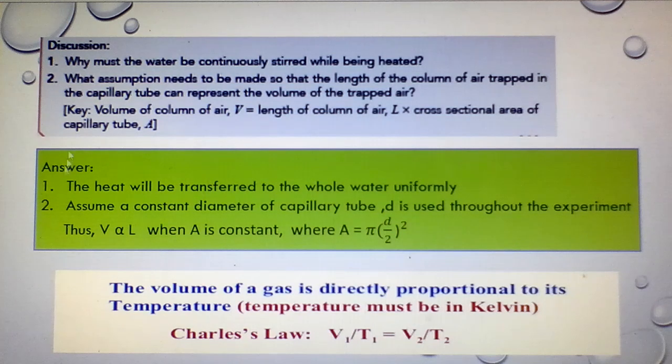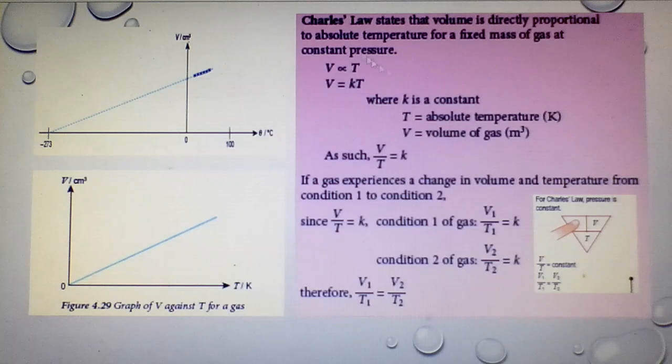From this activity, we have data, then you can plot a graph to get the relationship between volume and temperature. If you plot volume, represented by L in units of cm, you have the points distributed like this. So V against theta in degrees Celsius, you get a linearly increasing graph.